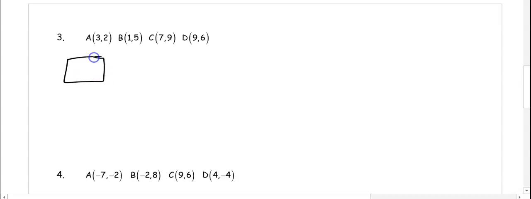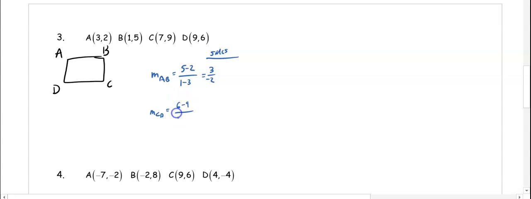In number 3, we have our quadrilateral ABCD. So again, we are going to find our side slopes. So we have AB and CD. AB is 5 minus 2 over 1 minus 3, which gets us -3/2. CD is 6 minus 9 over 9 minus 7, which is -3/2. So we have the same slope so far.